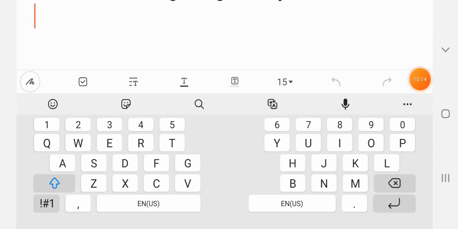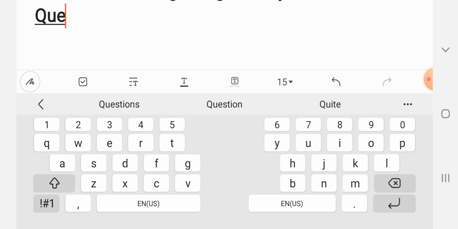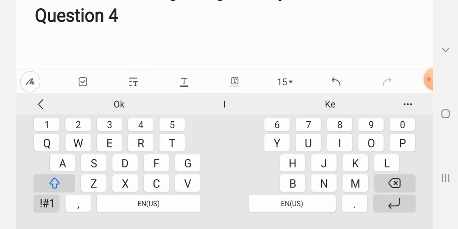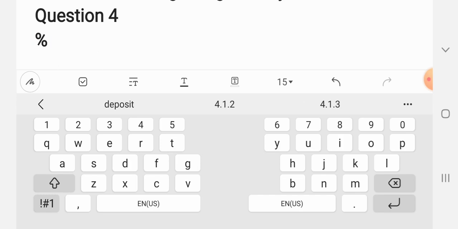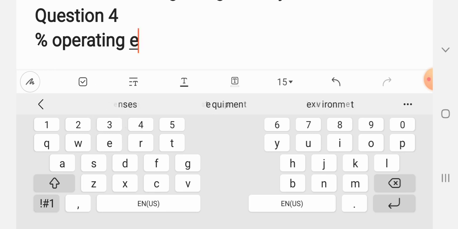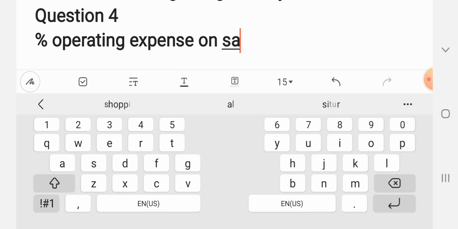All right, now let's start to write all the formulas on question 4. The first one that we've got is percentage operating expense on sales.